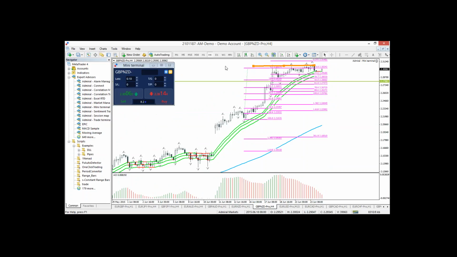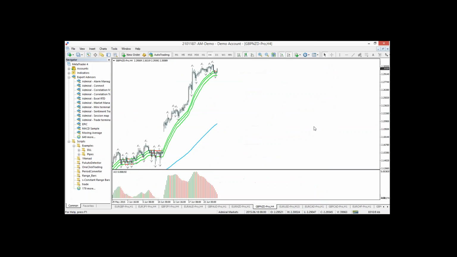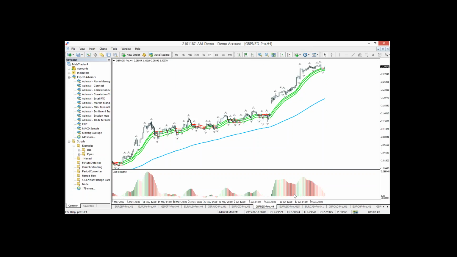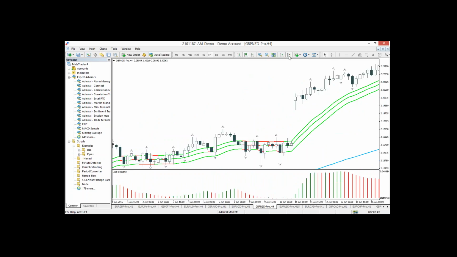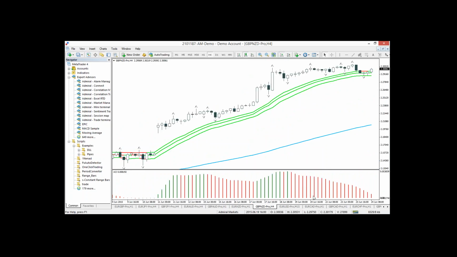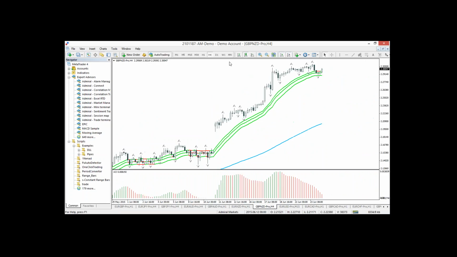Oh, wait 1 second. Pound New Zealand strong as well. A lot of New Zealand weakness. Retraced almost back to the zero line here on the oscillator.